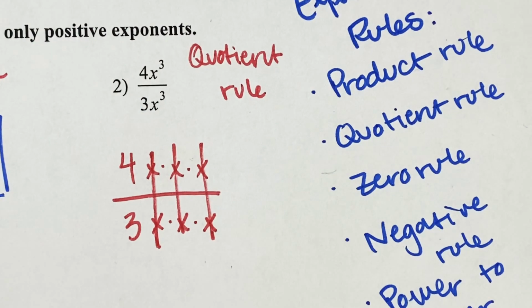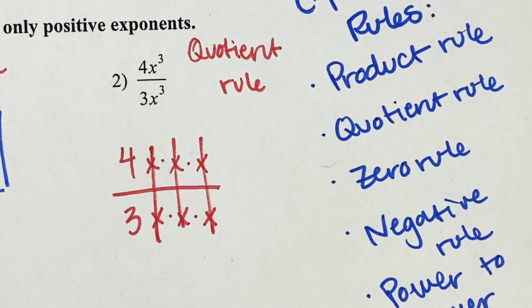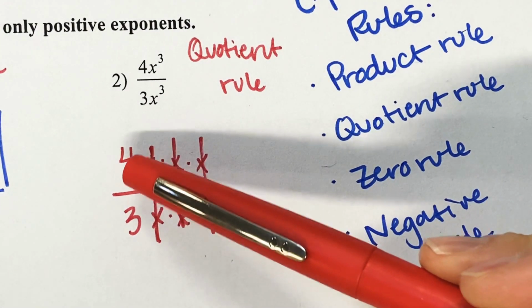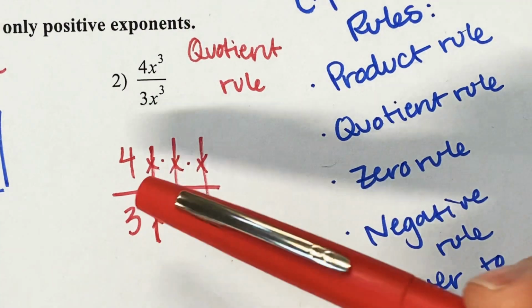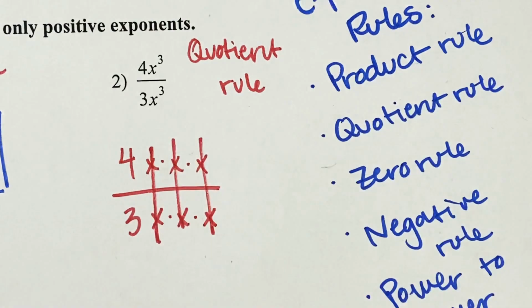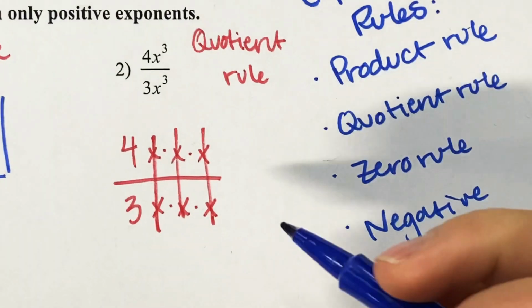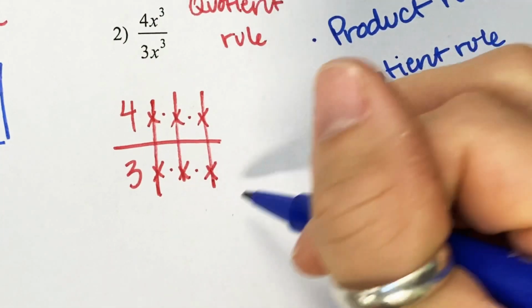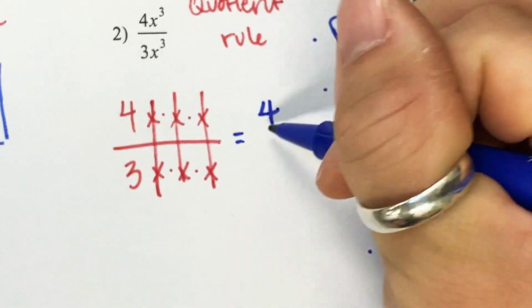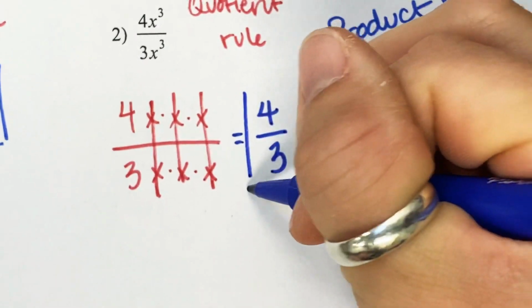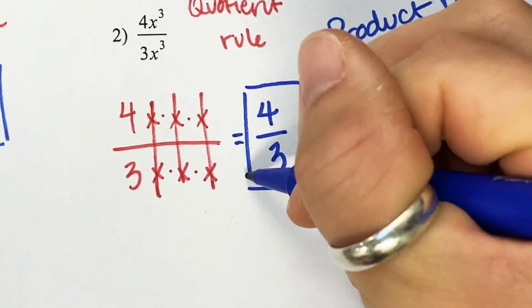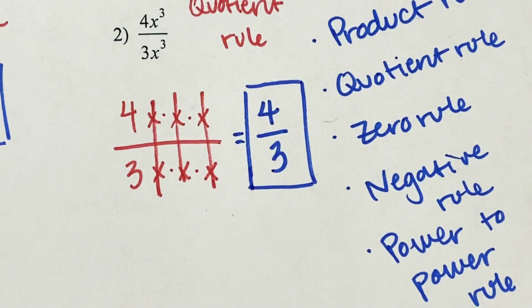And that means we have no more x's in our answer. So we check and see, can we reduce 4 over 3? No, nothing goes into 3 that also goes into 4 except for 1, so it doesn't change it. So our simplified answer is simply 4 over 3.